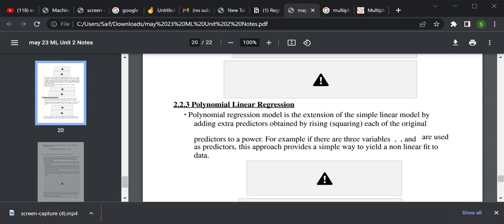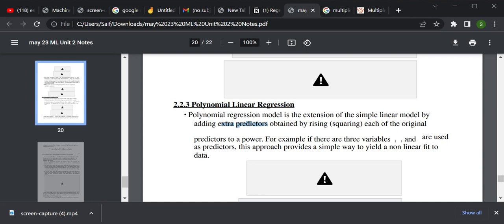Polynomial regression model is the extension of the simple linear model. It's just an improvement to the simple linear model by adding extra predictors. What are predictors?